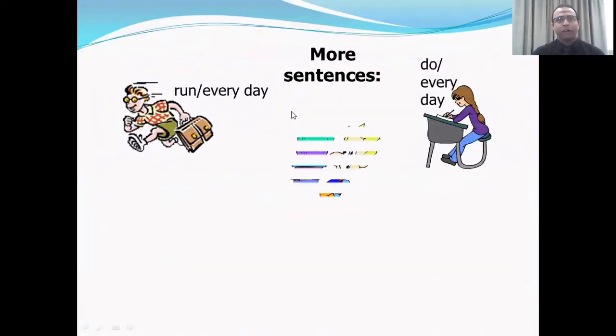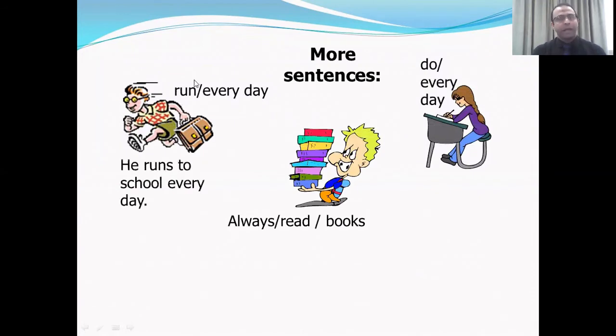We have a lot of sentences here. Let's try to use these words to make a sentence in the present simple tense. Run every day. Every day means it's a habit. So I say, he runs to school every day. Next one. Let's think about a sentence about this girl.